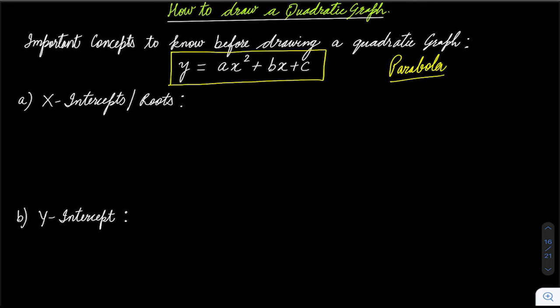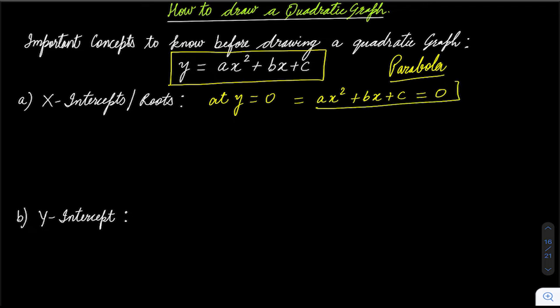So for example, whenever this graph crosses the x-axis, at those points I can say y will be 0, and y equal to 0 means basically ax square plus bx plus c equals 0, right?